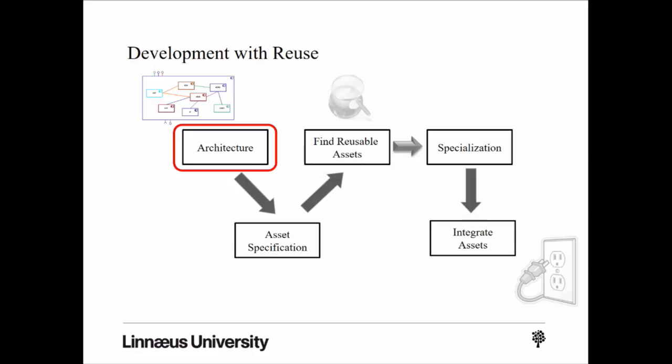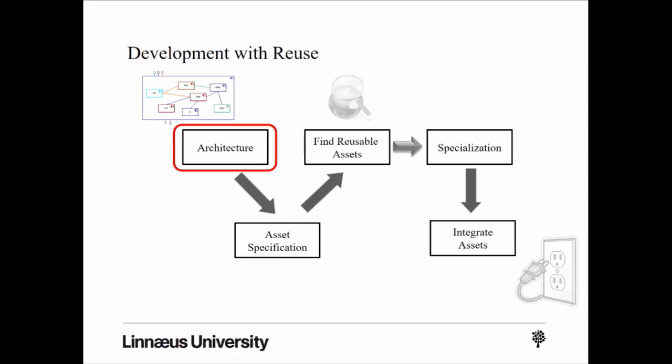But still, the fact that you can do this early, because that's when we talk about architecture, and you can identify usable chunks here. Well, that means that you can identify potential reuse early, you can find candidates to reuse early, and you can start to reason about specialization and integration early. And that's a great benefit.